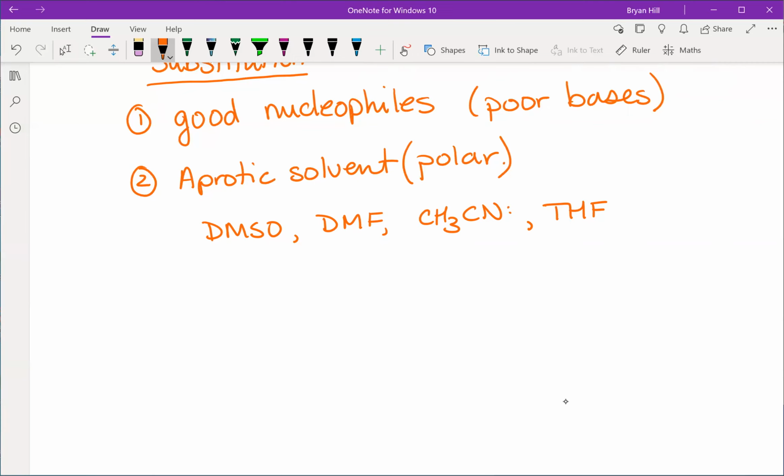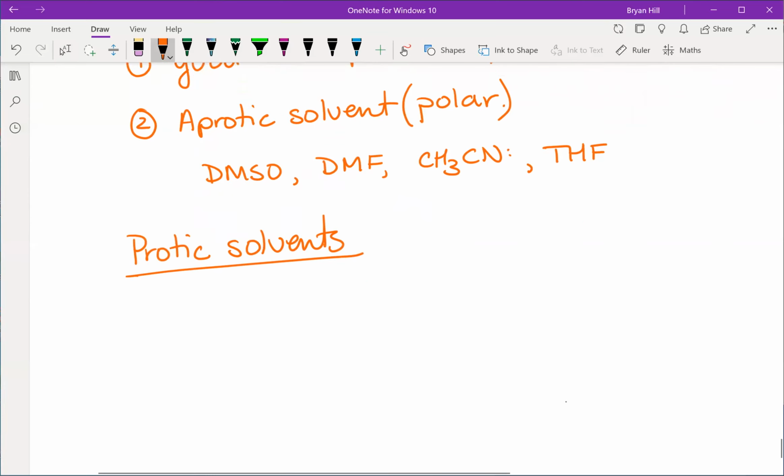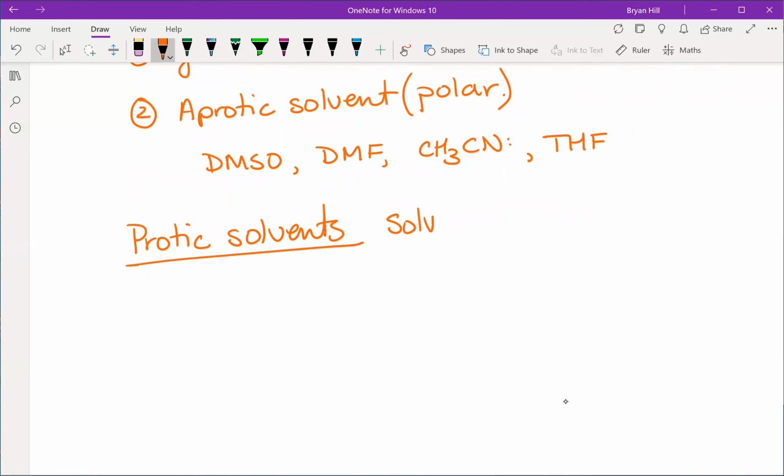Remember, protic solvents solvate the nucleophile.